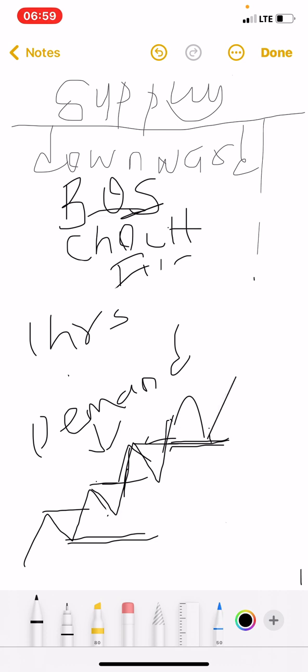But there's a candle that will come in and break this last demand zone. Once it breaks this demand zone to the downside, maybe it comes and breaks the last one. Yes, it came and broke the last demand zone like this.